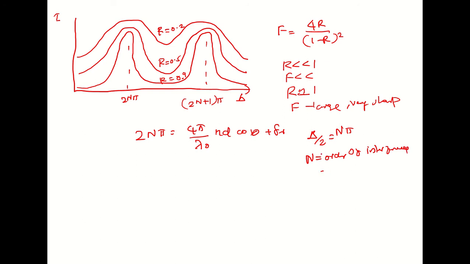It is equal to the equivalent path difference measured in wavelengths between two successive beams. So this 2n pi is a similar representation of that.